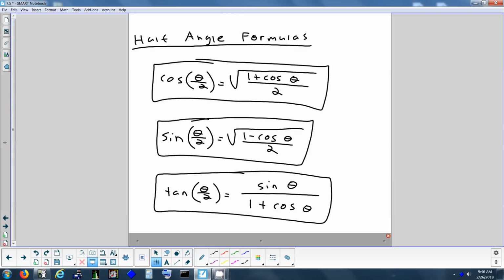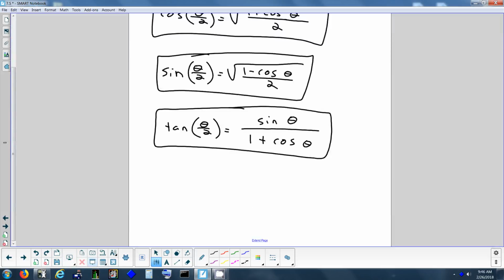So what these identities do is they give you a few more options to calculate things. Let's say you wanted to figure out, I don't know, the sine of 45, and you didn't know it. Okay, you should, that's one you should memorize. But if you didn't know the sine of 45, what you could do is think of it as 90 divided by 2.